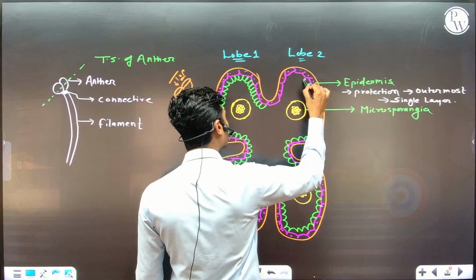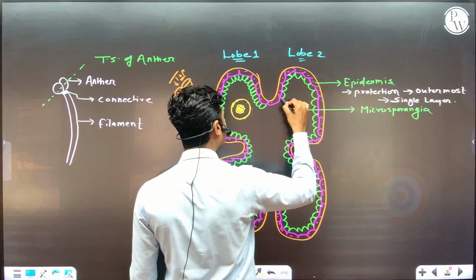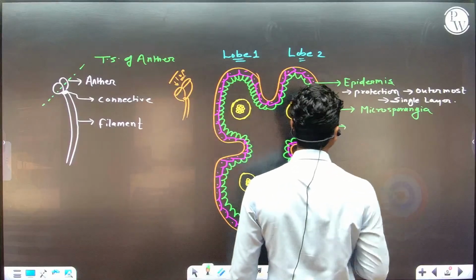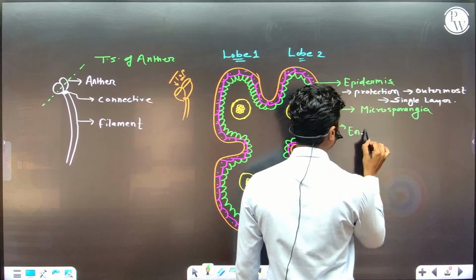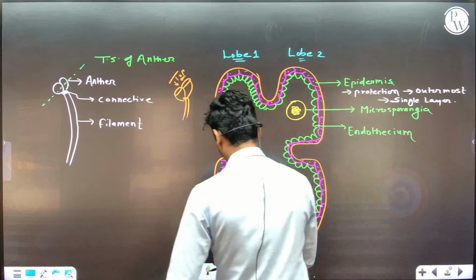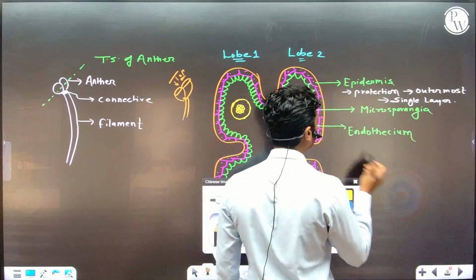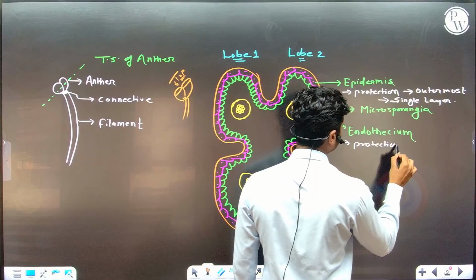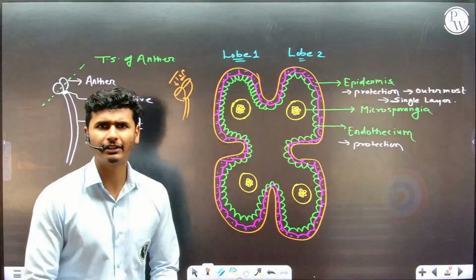What is the function of this membrane? You can easily imagine the function. This layer is known as endothecium. The function is, yes, protection. Also, this is a part of the anther wall.